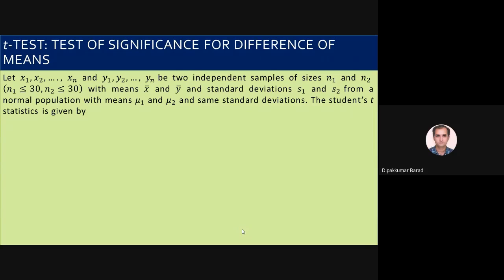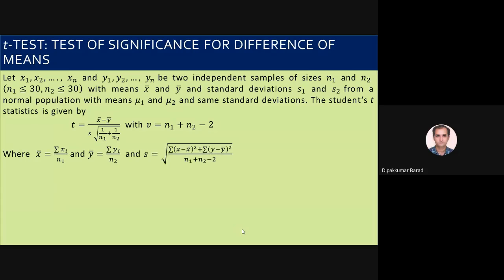Okay, so Student's t statistic is given by x bar minus y bar upon s into under root of 1 upon n1 plus 1 upon n2, with degree of freedom v equal to n1 plus n2 minus 2. Here x bar is the summation of xi upon n1 and y bar is the summation of yi upon n2, and s is under root of the summation of x minus x bar whole square plus y minus y bar whole square upon n1 plus n2 minus 2.